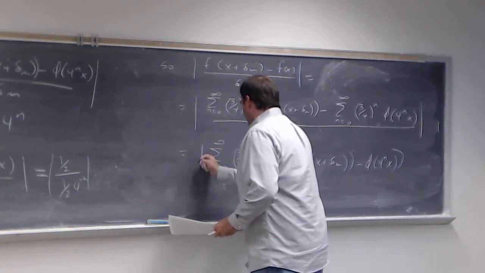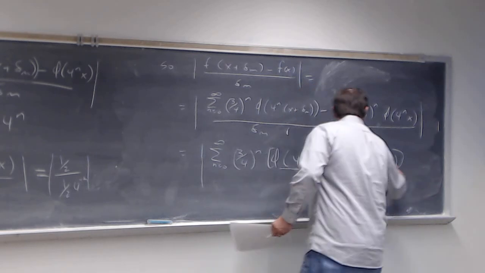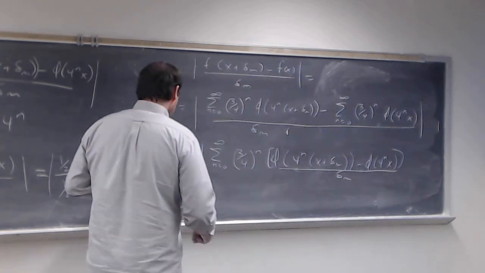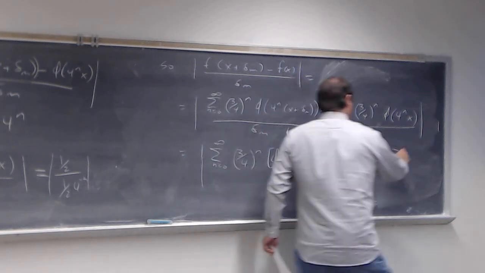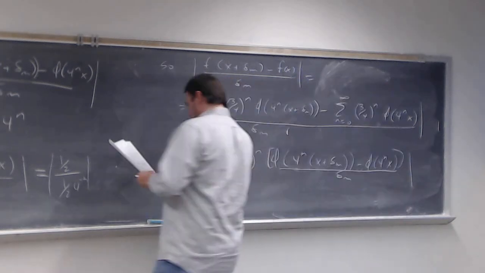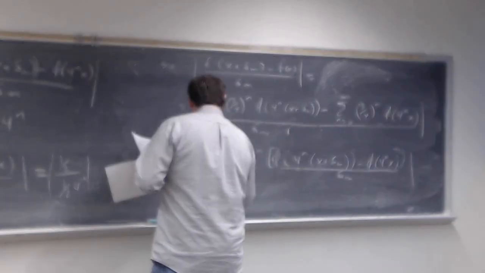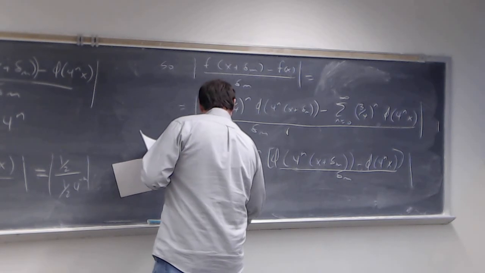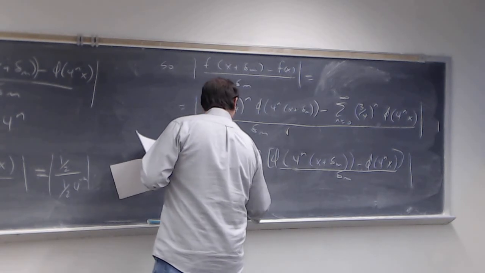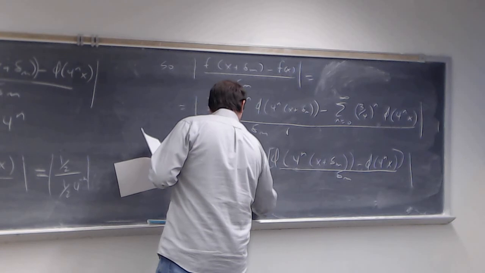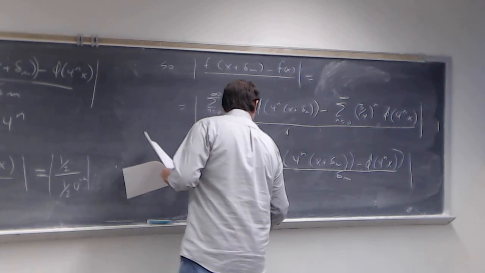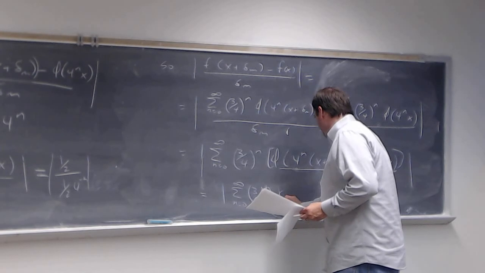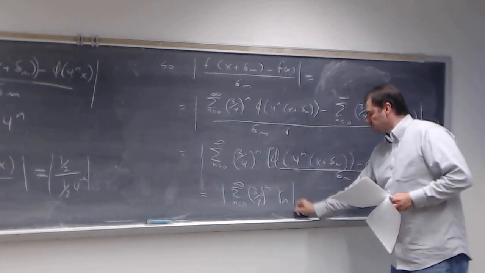All over, and I'm going to pull the delta sub m from inside the sum because it's a constant with respect to that. Let me end my absolute values here. And then finally I'll say, hey, that's the same thing as the absolute value of the sum as n runs from 0 to infinity of 3/4 raised to the n, and this is nothing more than what we defined to be that gamma sub n. Okay, that's what I got.